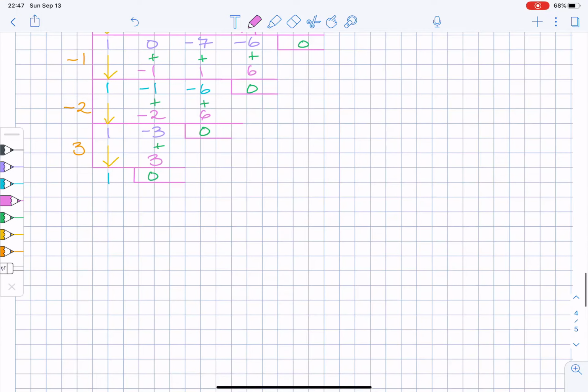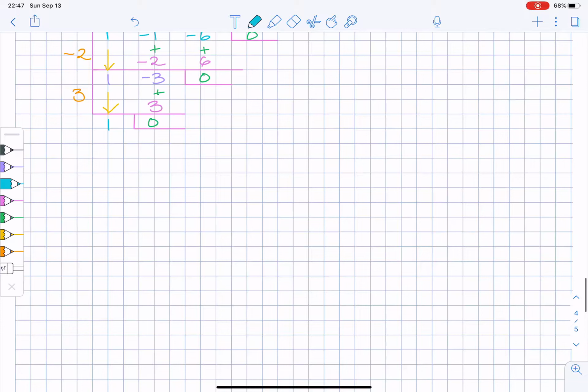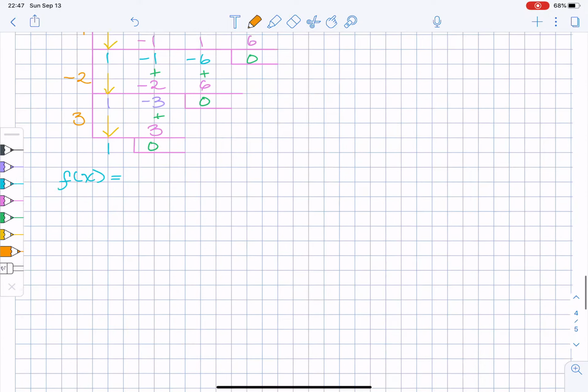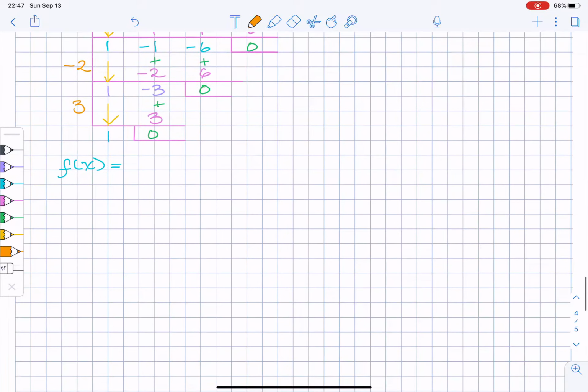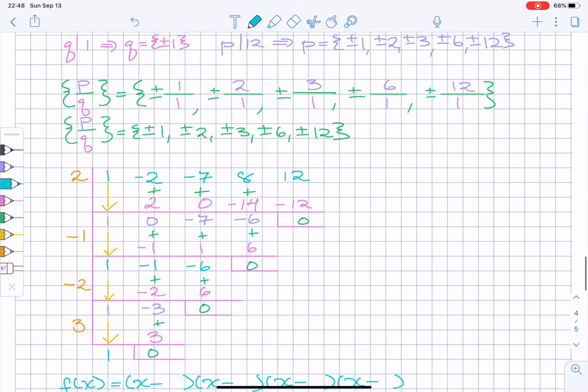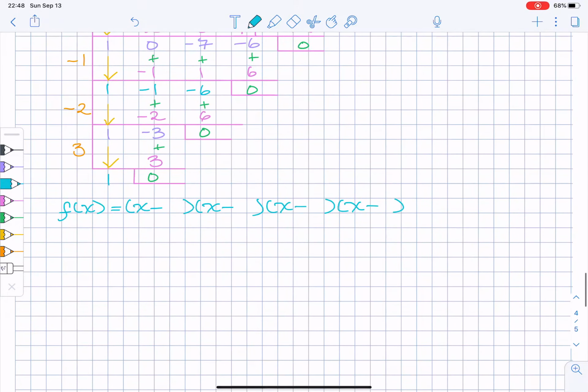So I claim that f of x can be written as x minus the first factor, x minus the second factor, x minus the third factor, and x minus the fourth factor, provided this is a polynomial of degree 4, which it was. So let's write what it is.